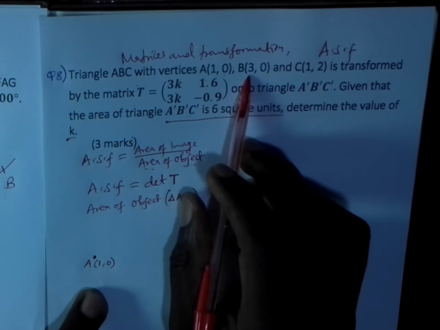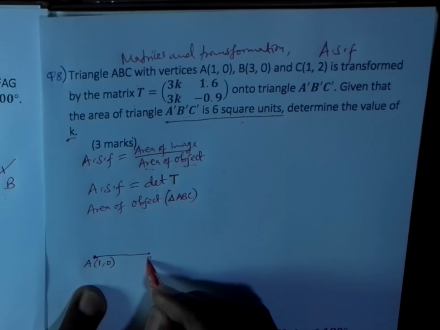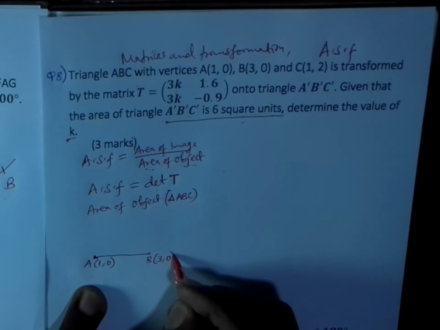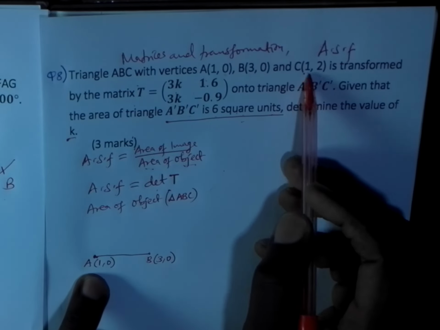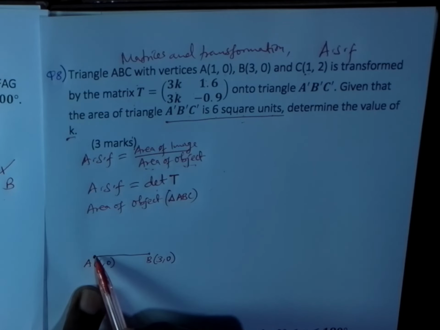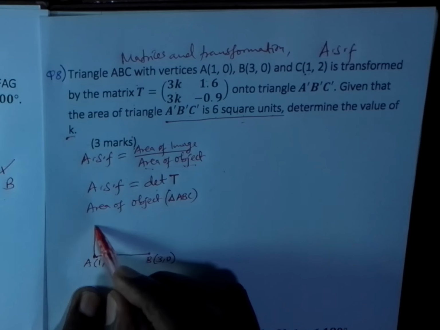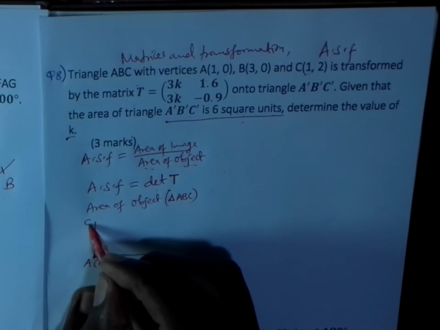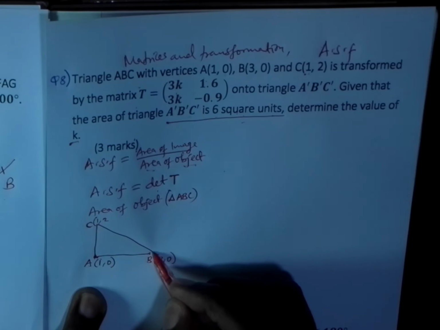Then we advance to the right, B, which is (3, 0). And for point C, the x coordinate is 1. That means it will be in line with A, perpendicularly upwards. So we have point C, which is (1, 2), and therefore let us join them.